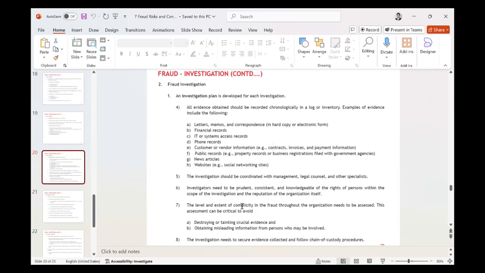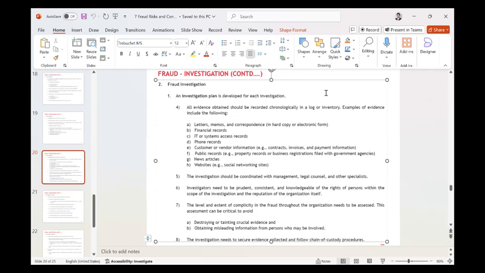The level and extent of complicity in the fraud throughout the organization needs to be assessed. One of the problems sometimes is that in courts you can't win a case if you do not have the original, right? So if a petty cash fraud or a payment fraud is carried out and the original is destroyed, it will be very difficult to provide any sort of evidence in a court of law to prove that a person has committed a fraud.